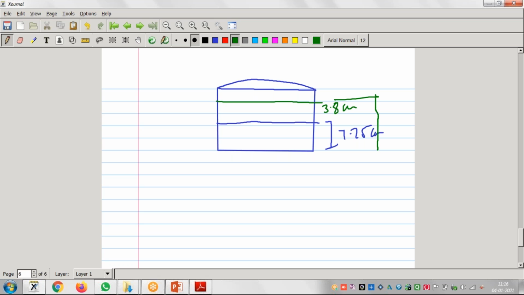Then they removed some quantity of water, that quantity was 2.5 centimeter. So how much is the total remaining? 8.32 centimeter.